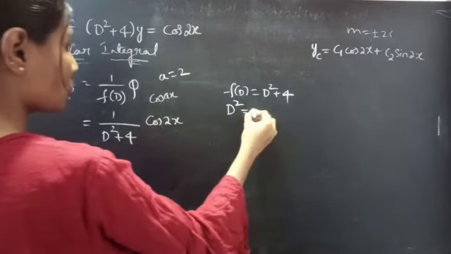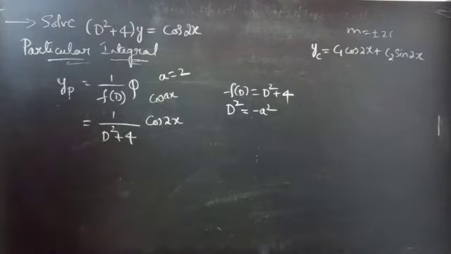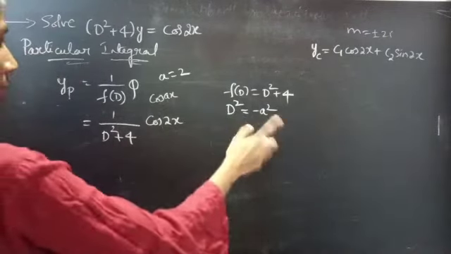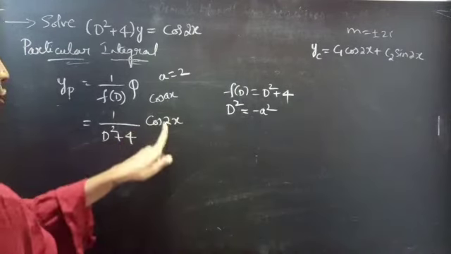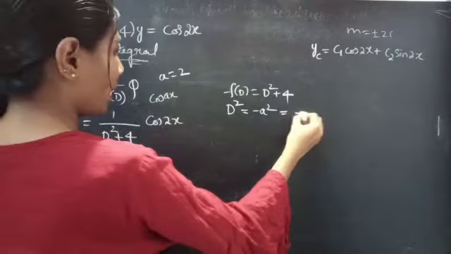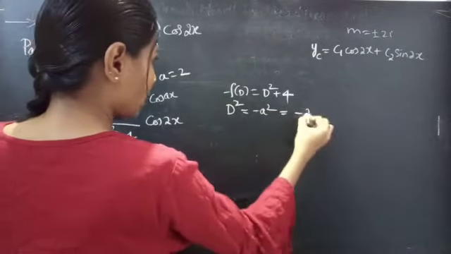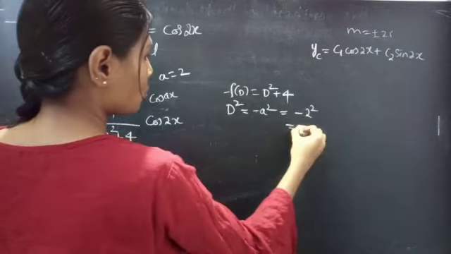Now find D square. D square equals minus a square, this is a formula. For a equals 2, you get minus 2 square, which equals minus 4.